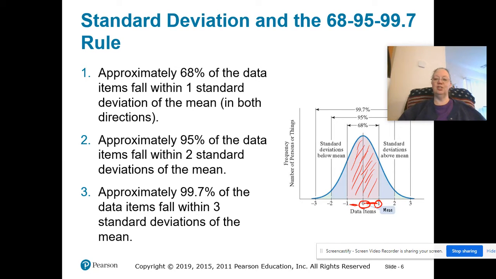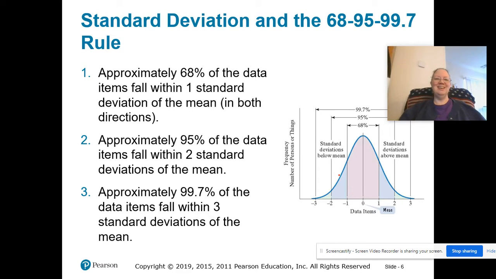So if our standard deviation is, for example, 10, then 1 standard deviation above the mean would be 10, and 1 standard deviation below the mean would be negative 10, and 20 and negative 20. If we had a standard deviation of 5, then 1 standard deviation above the mean would be 5, and here we have negative 5, again assuming our mean is 0. I hope that clarified something to somebody.